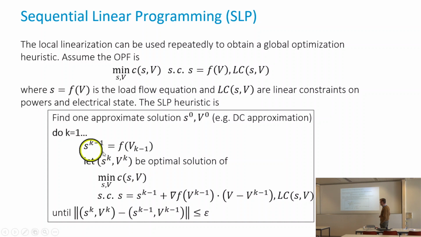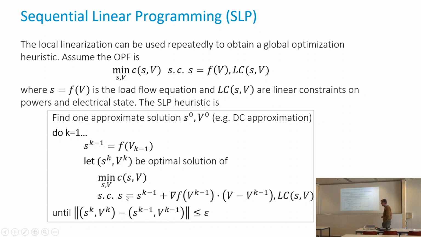I take that as starting point, and I solve again the optimal problem where I find S2, V2. If I am lucky, and in practice, if we don't do large changes to the power flow set points that we had from the previous iteration, this will converge. And if it converges, then we stop.